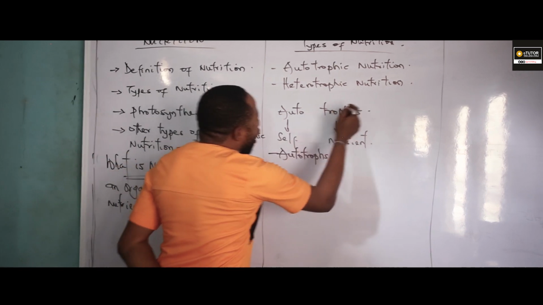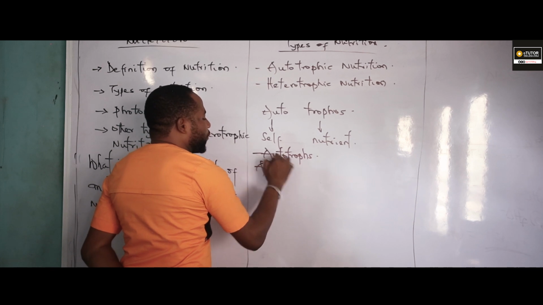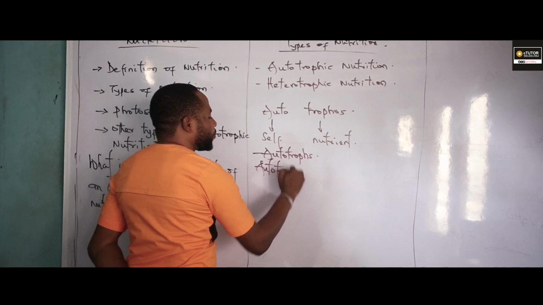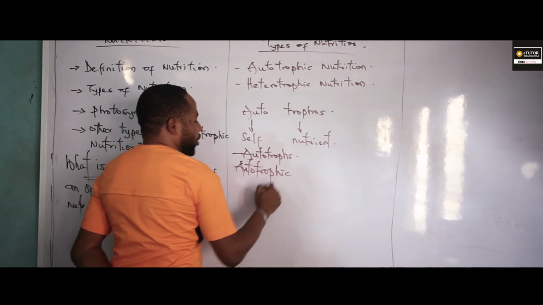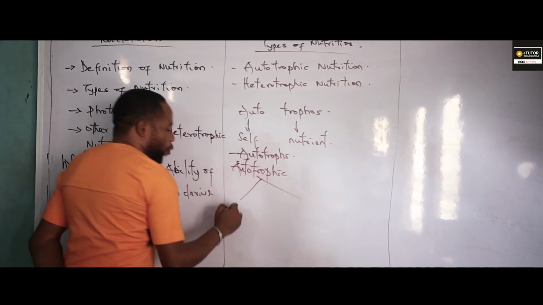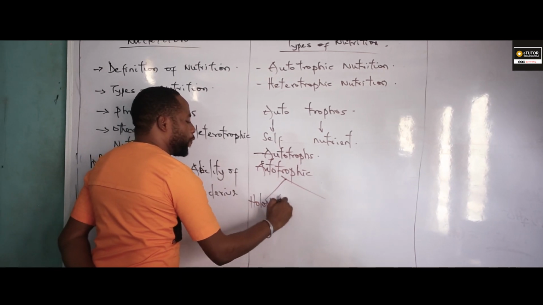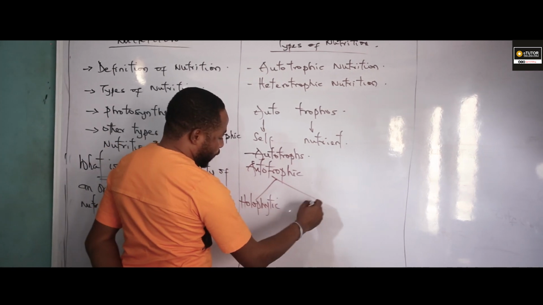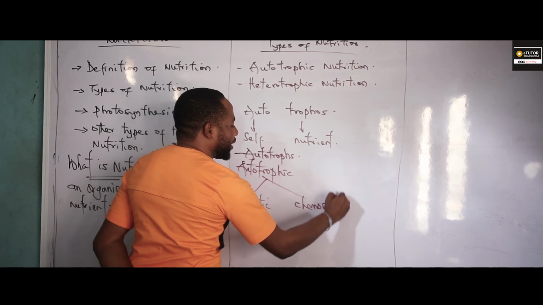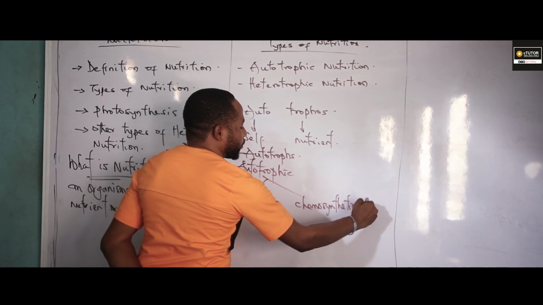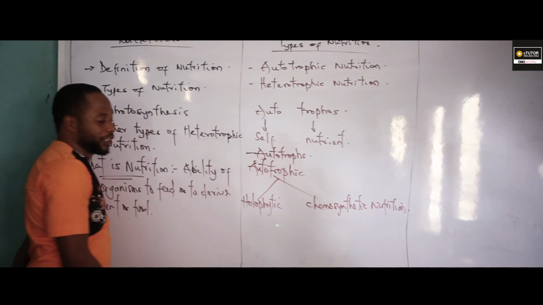Under autotrophic nutrition, we have two types again. We have holophytic nutrition, and we have chemosynthetic nutrition.